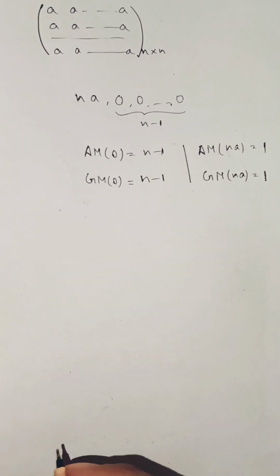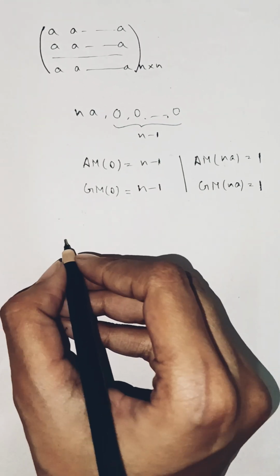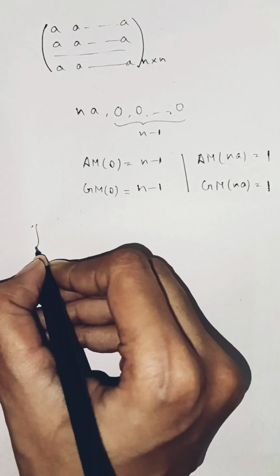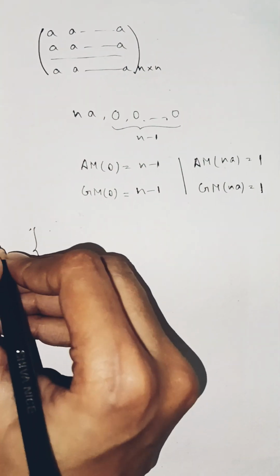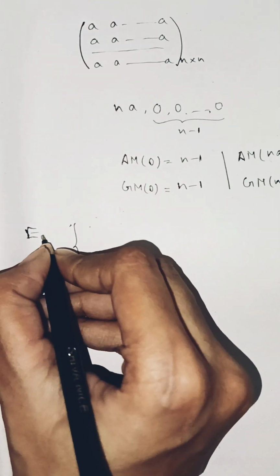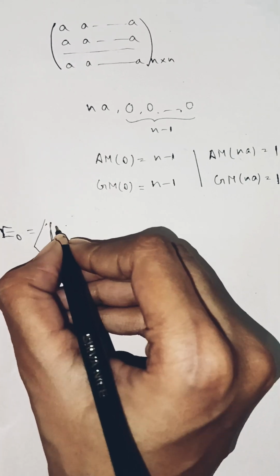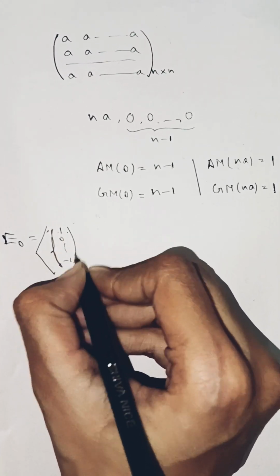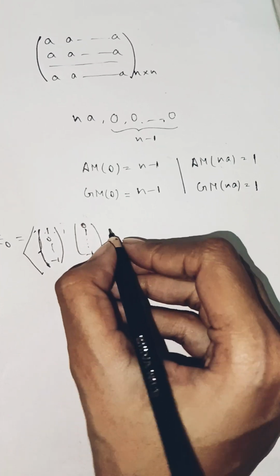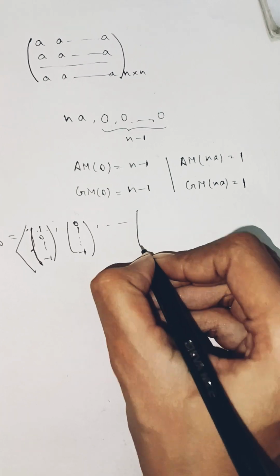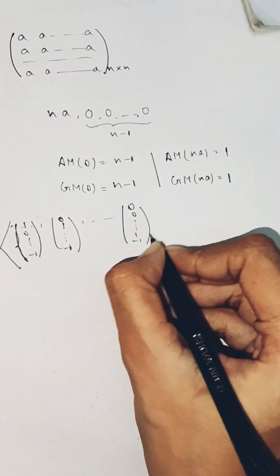Now to find the eigenspaces, if we proceed in a similar manner, we see that the eigenspace for 0, E0, is generated by 1, 0, 0, 0, minus 1, then 0, 1, 0, 0, 0, minus 1, and so on. And the last one is 0, 0, 1, minus 1.